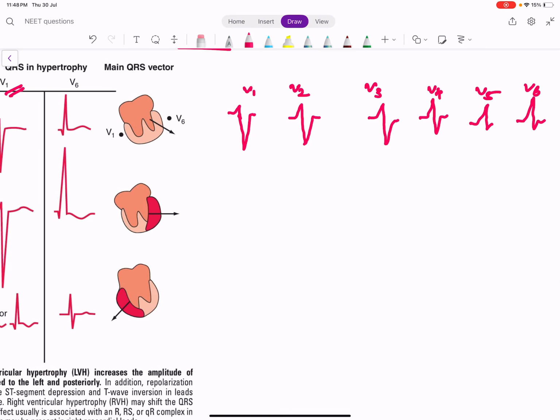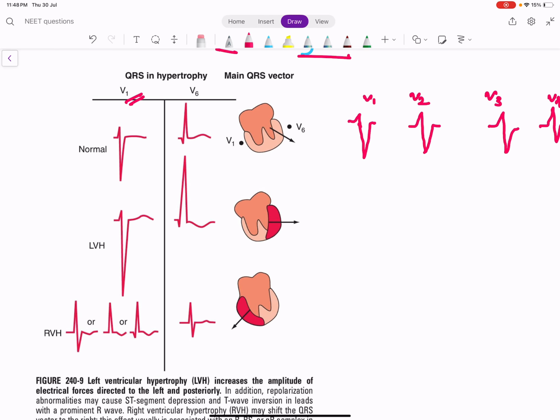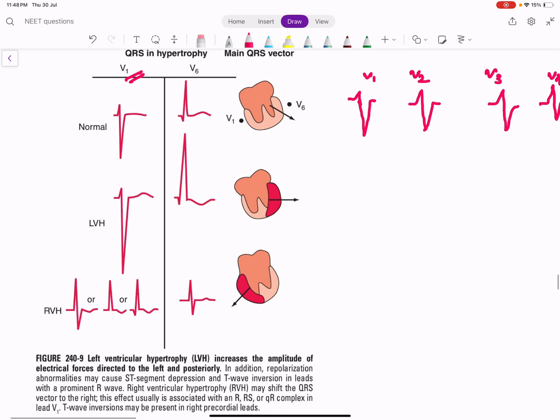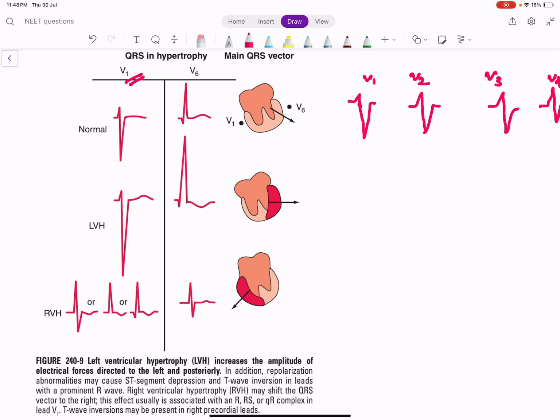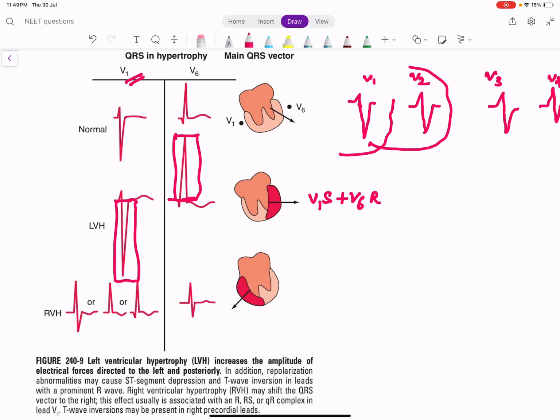So when do we say that there is LV hypertrophy? There are many criteria. Remember one criterion: V1S plus V6R is more than 35 millimeters. See here, the S wave is very deep in V1 and the R wave is very tall in V6. V1 is placed on the right side of the heart.